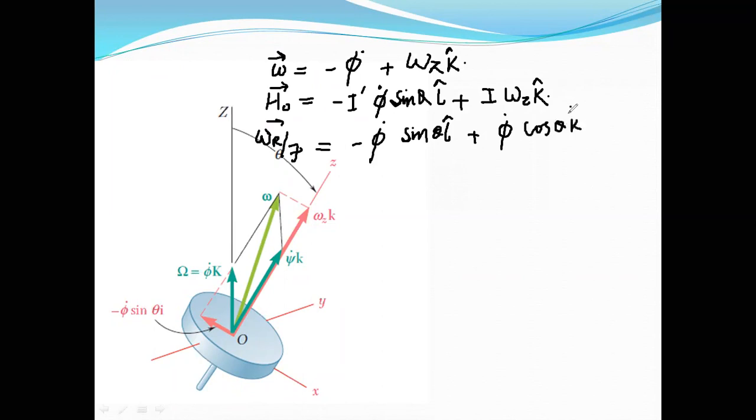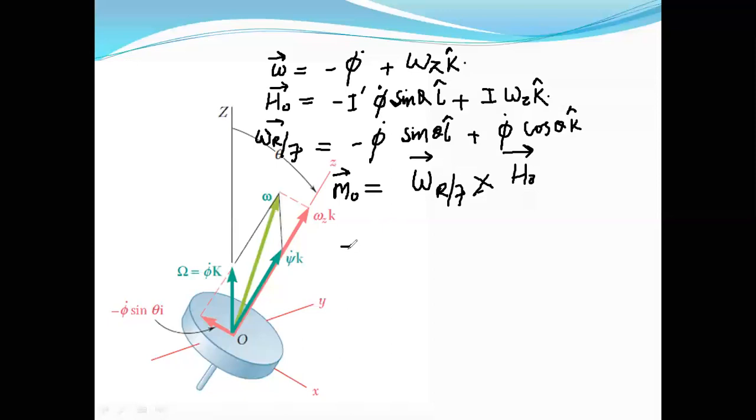Fine, that's it. And now if we return, the summation of all the moments about an axis passing through point O comes out as the angular velocity of the rotating frame of reference with respect to the ground frame of reference, and its cross product with the angular momentum h naught defined in the small frame of reference, small x, small y, and small z.